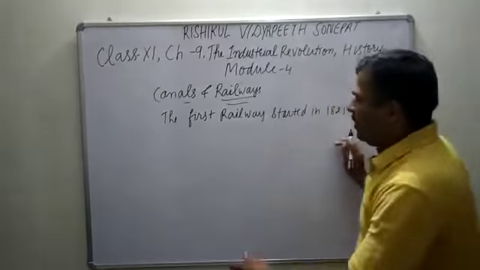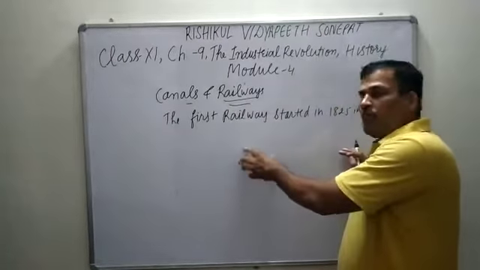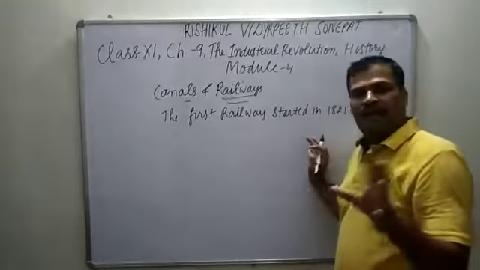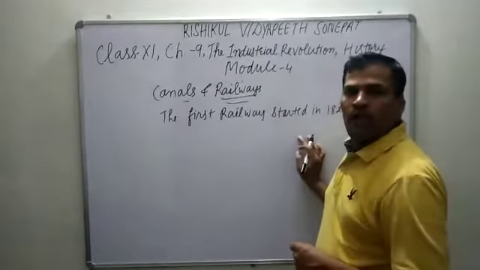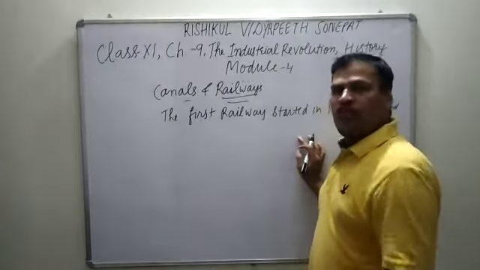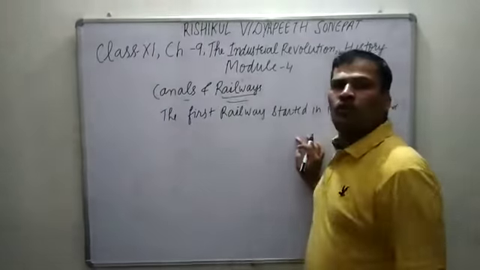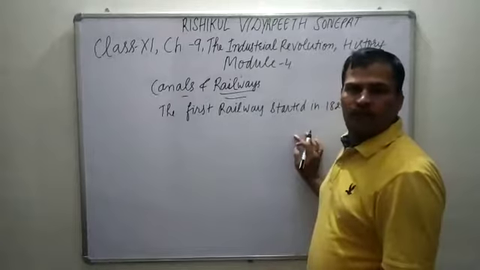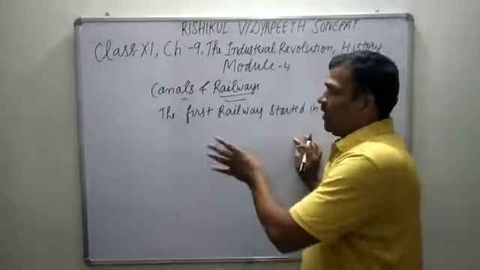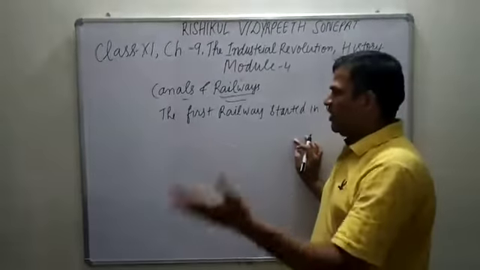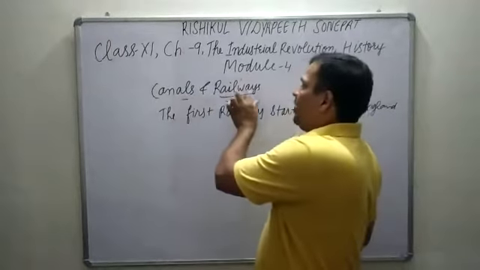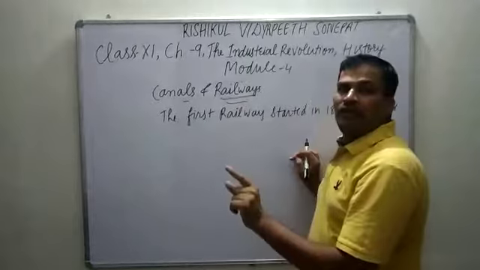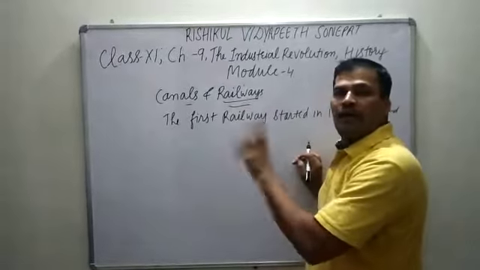And due to this invention of railway, the railway tracks that were made of wood, as the innovations came, were converted into iron metal form, and after that the speed as well as the capacity of taking goods also increased, and canals and railways helped the industrialization in England.